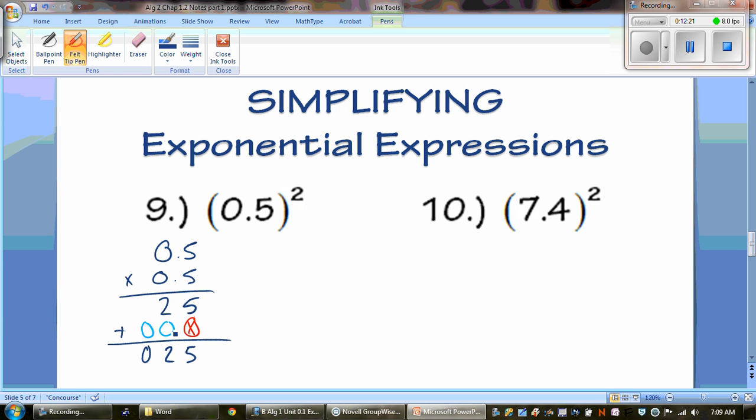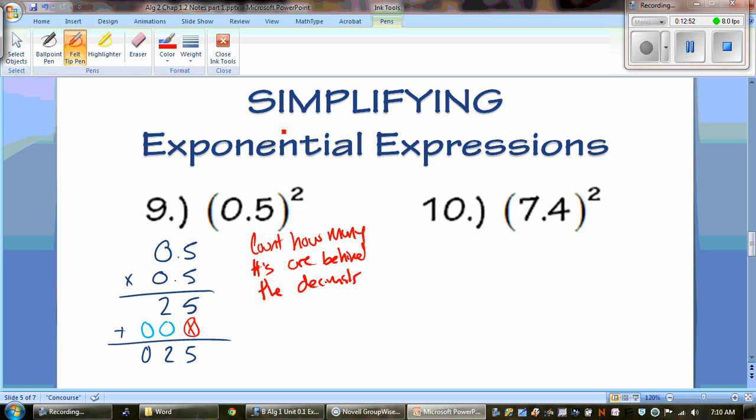Now, the only question is, what's our final answer? 0.5 times 0.5, are we going to get 25 for that? No. What about the decimals? Okay, so remember that you need to count how many numbers are behind the decimals.